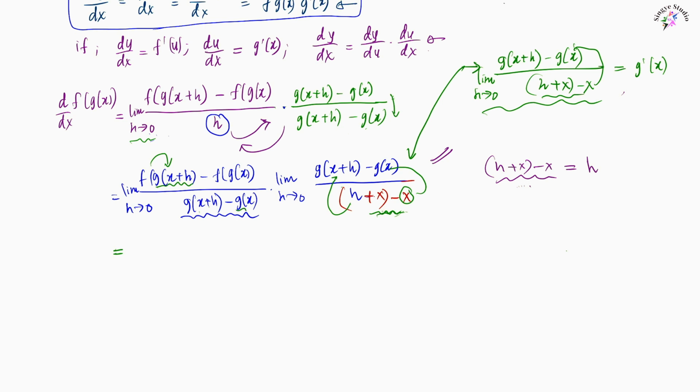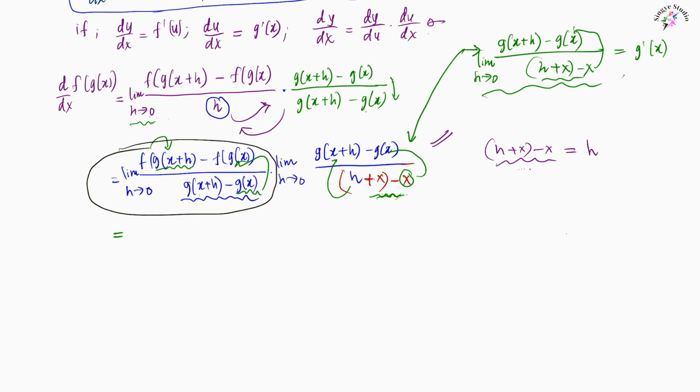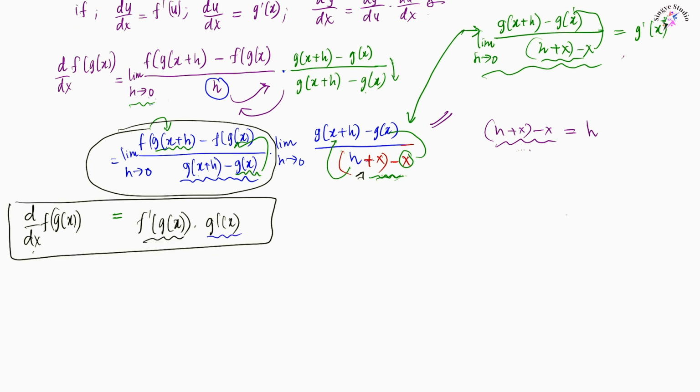Therefore, this whole thing is the derivative of f, and then this whole is just the derivative of g. Now we are done. We have proved that the derivative of f of g of x is the derivative of the outer function times the derivative of the function inside it.